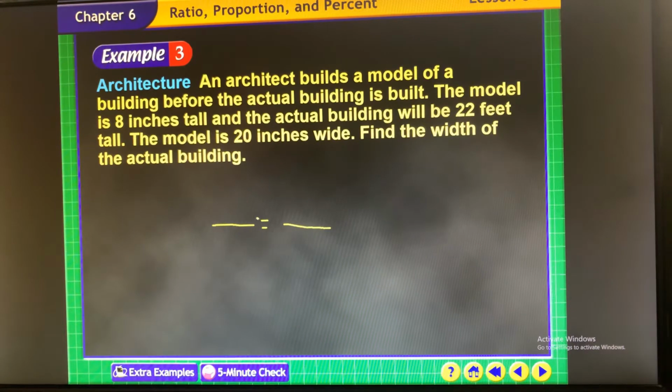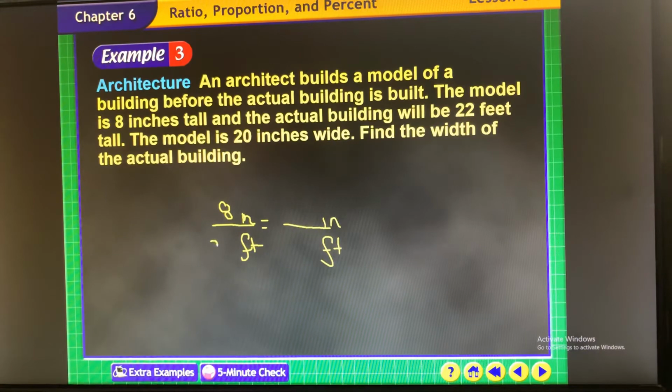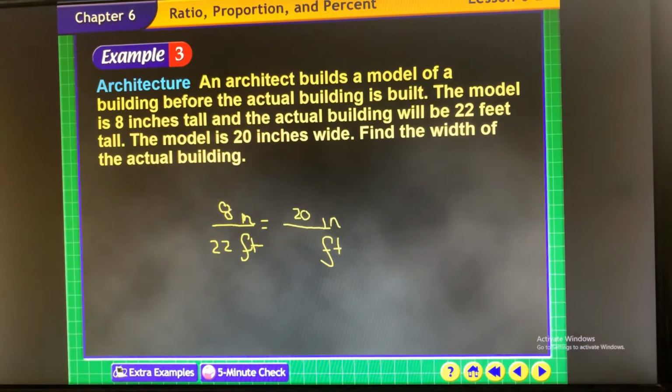So I would do inches over feet, like that. Then go back to the story, and it's 8 inches tall, and the actual is 22 feet tall. So I'm doing inches height, feet height, over inches width, feet width. And then I just cross multiply and divide.